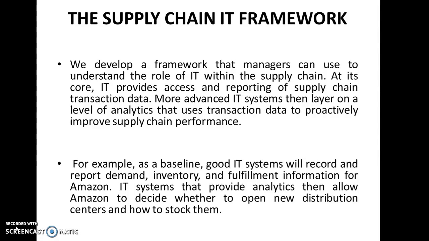For example, here Amazon. IT systems that provide analytics then allow Amazon to take managerial decisions and decide whether to open a new distribution center and how to stock them, like that.